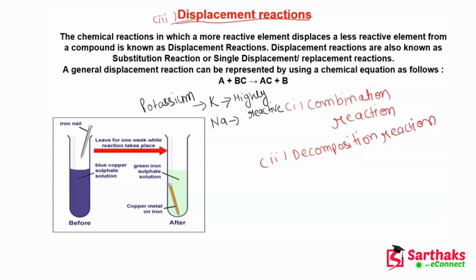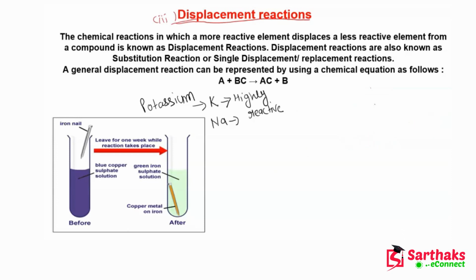So let me erase this and write all the elements according to their reactivity. So this is sodium. It is also a highly reactive metal, but potassium is the most reactive metal. After that sodium comes, and after sodium, calcium is a highly reactive metal.